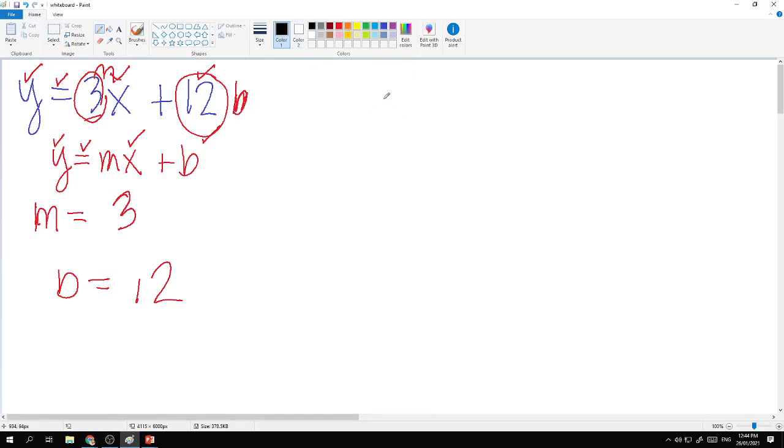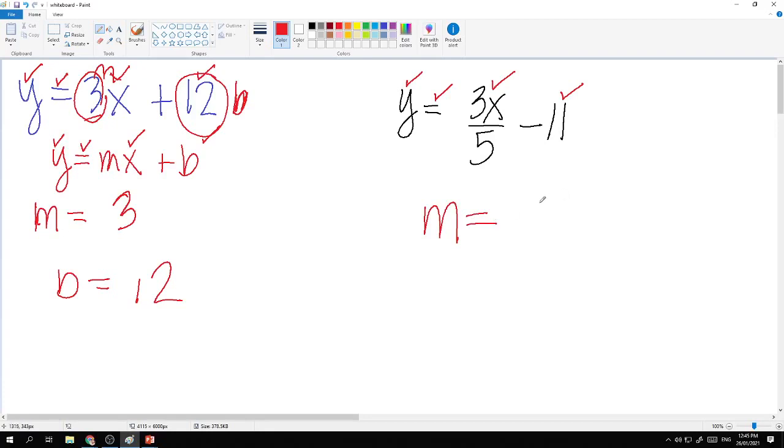What if I'm going to give you y is equal to 3x over 5 minus 11. So, take note, let's examine. The y comes first, followed by the equal sign, followed by x, and the constant term. So, everything is in slope-intercept form. So, what is the value of the slope now?